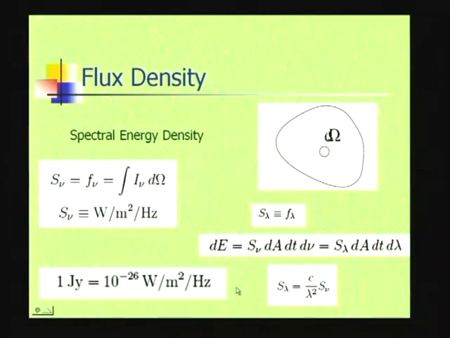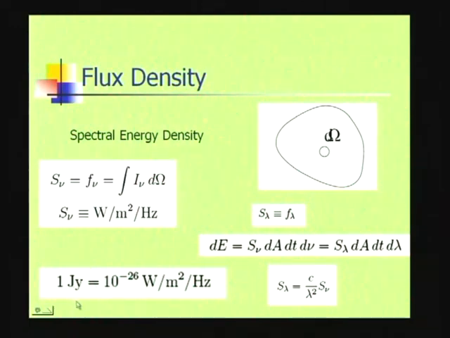This is because the sources that we are dealing with are very weak, extremely weak sources. So, the unit of watts per meter square per hertz is not appropriate. Better suited is a Jansky, 10 to the power minus 26 watts per meter square per hertz. Okay, Jansky was one of the pioneering radio astronomers, one of the people who pioneered the field of radio astronomy.